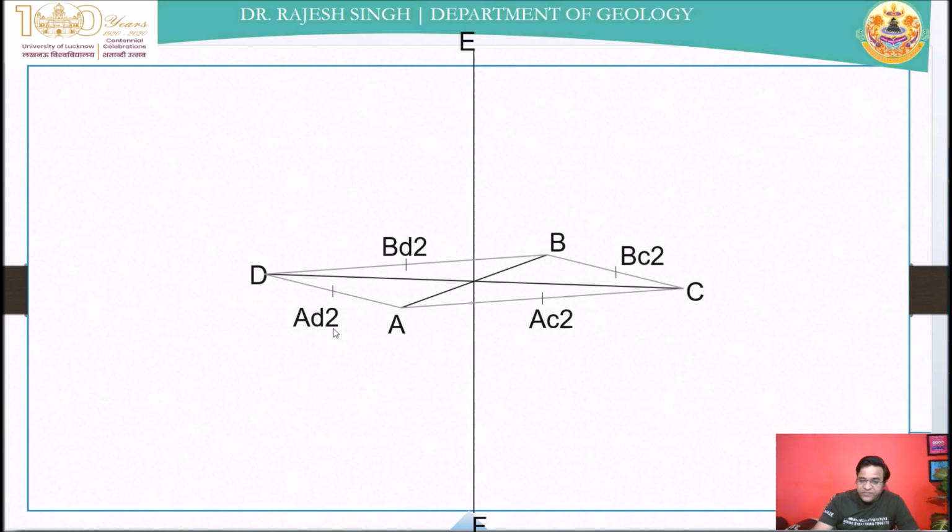This is the midpoint of AD, this is the midpoint of AC, this is the midpoint of BC, and this is the midpoint of BD. So now we get four points. Now join the midpoint of AC to the midpoint of BD, and the midpoint of AD to the midpoint of BC.